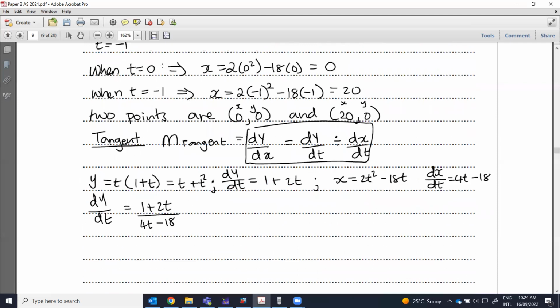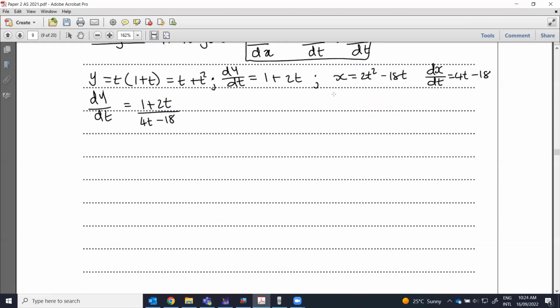So remember, when t is 0, the x-coordinate is 0, the y-coordinate is 0. When t is minus 1, the x-coordinate is 20, and the y-coordinate is 0.